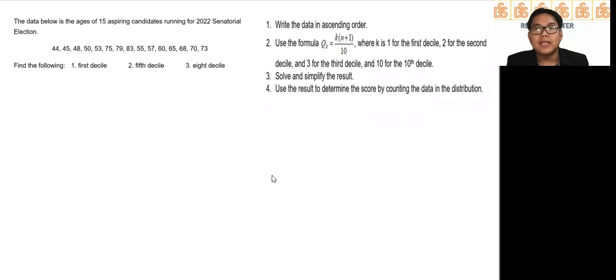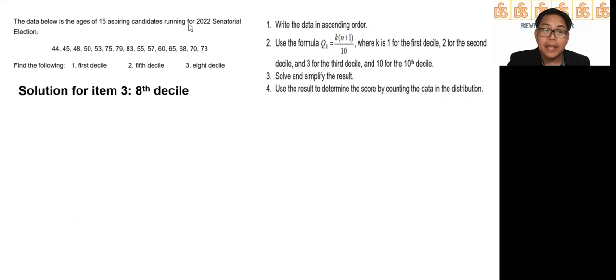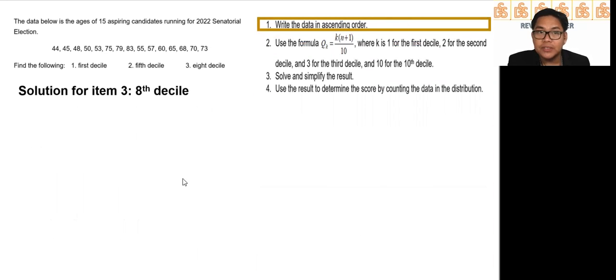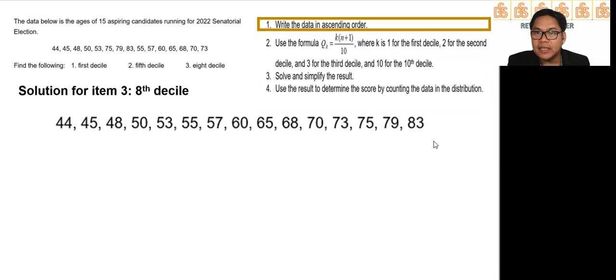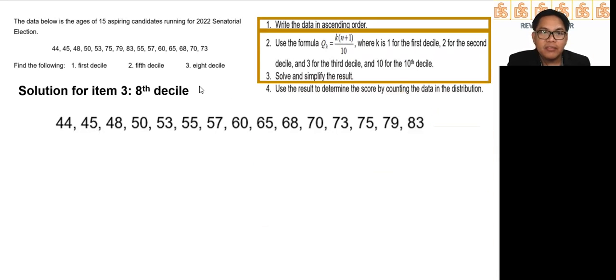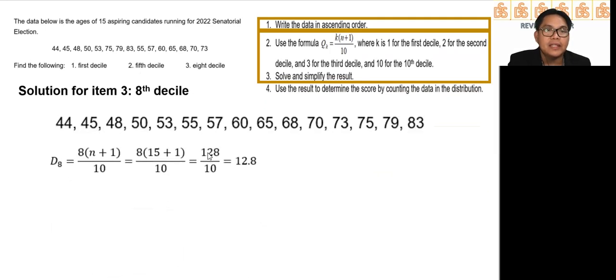Let's proceed to the last item, the 8th decile. Again, using this procedure, arrange the data in ascending order. Replace K by 8 since we are looking for the 8th decile, and still 15 for n.